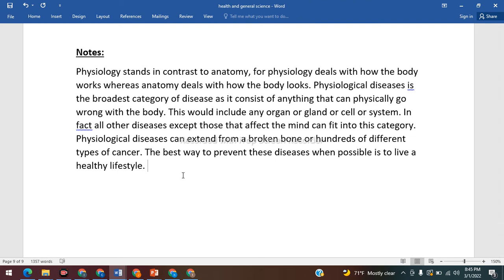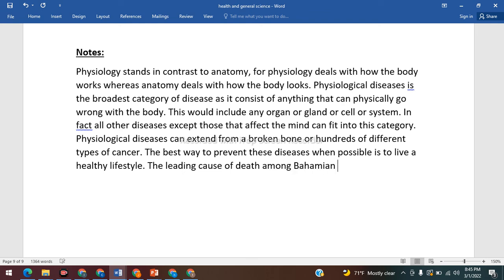Now, the leading cause of death among men, what do you think it is? Obesity? Heart attacks?